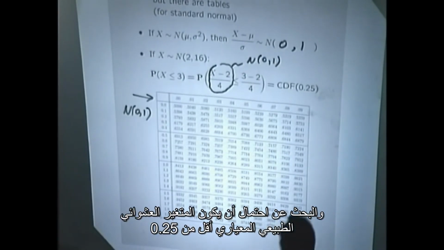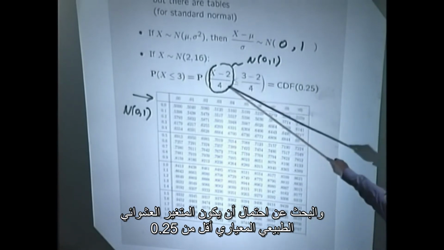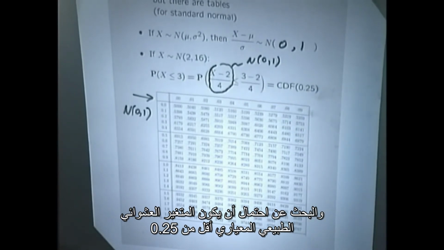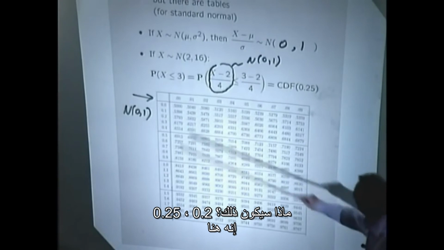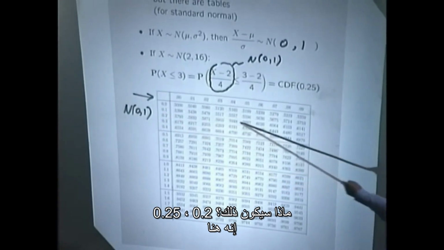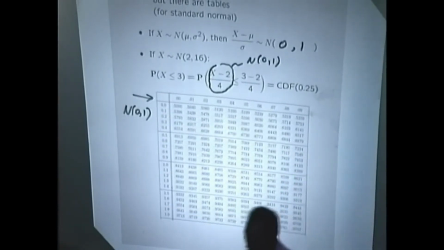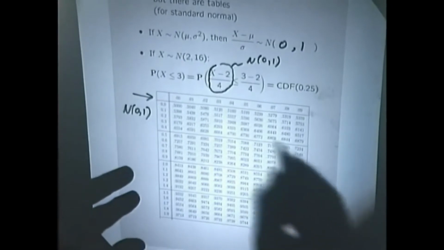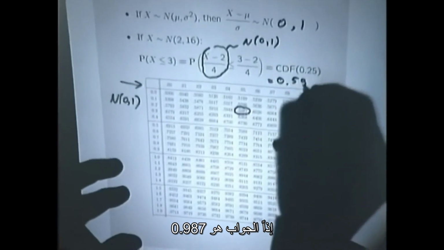And so we can look up now at the table and ask for the probability that the standard normal random variable is less than 0.25. Where is that going to be? 0.2, 0.25, it's here. So the answer is 0.987.